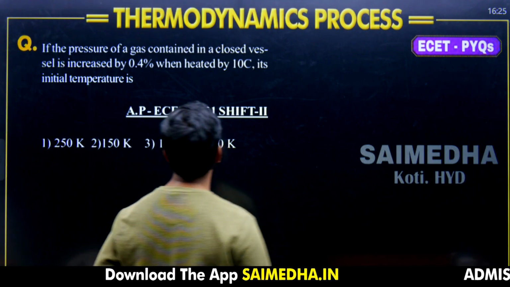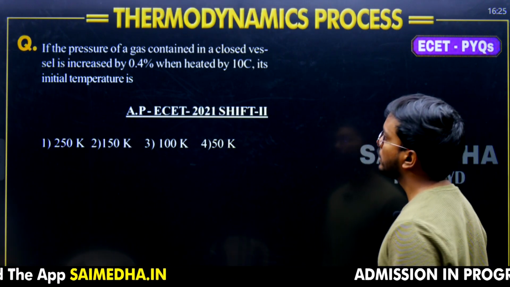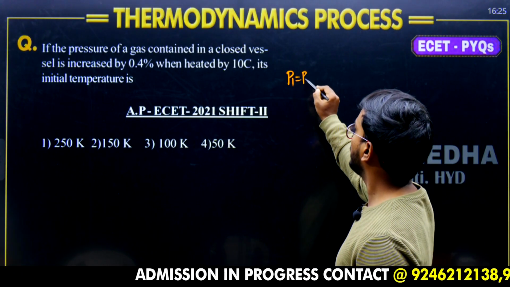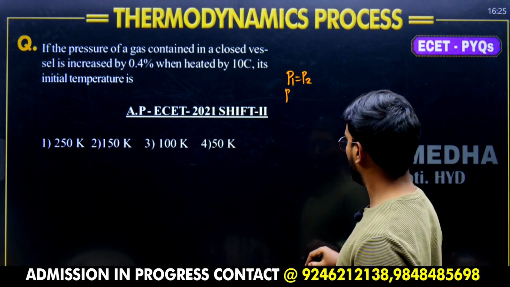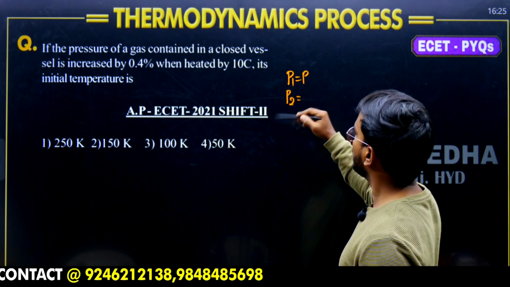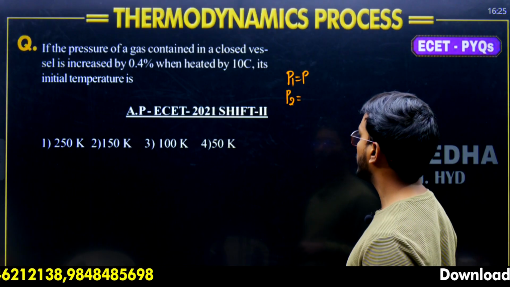If the pressure of a gas contained in a closed vessel is increased by 0.4%, let's say P1 is equal to P, then P2 is equal to P increased by 0.4%.